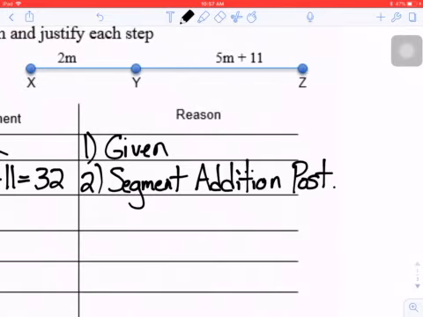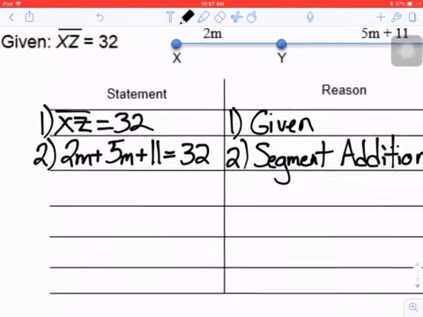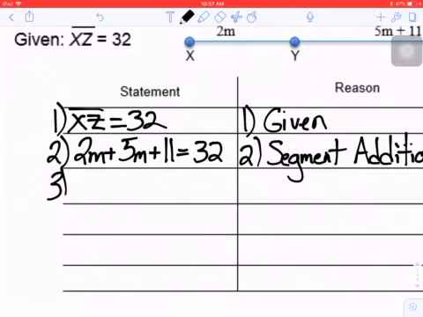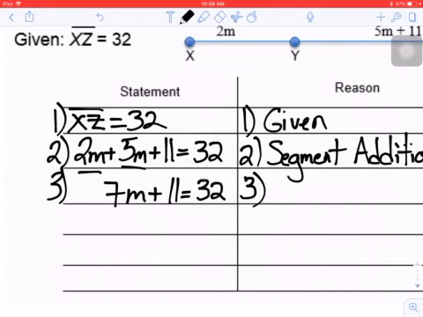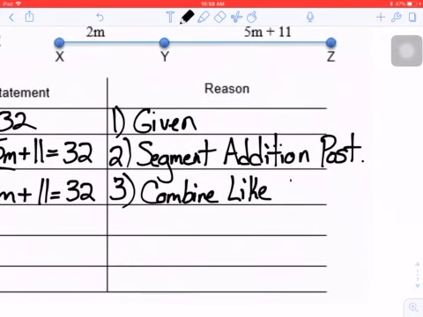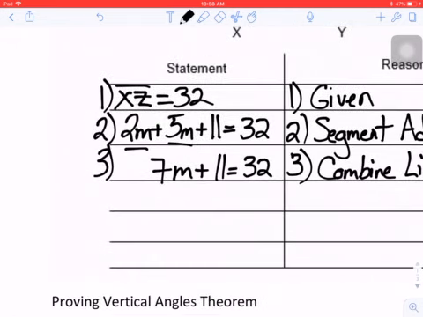Boom. Okay. Now, do the math. Combine like terms. 7m plus 11 equals 32. And that's because we combined like terms. And then we're going to say, okay, I've got 7m plus 11, so let's move the 11.